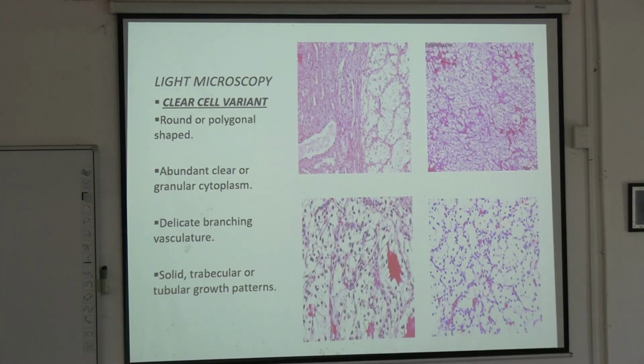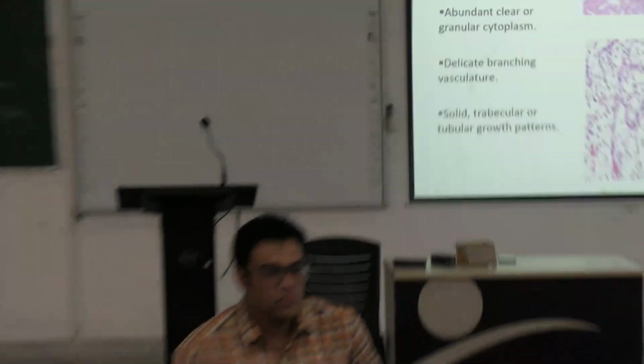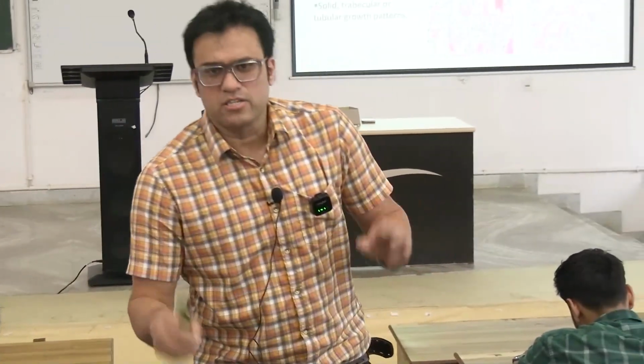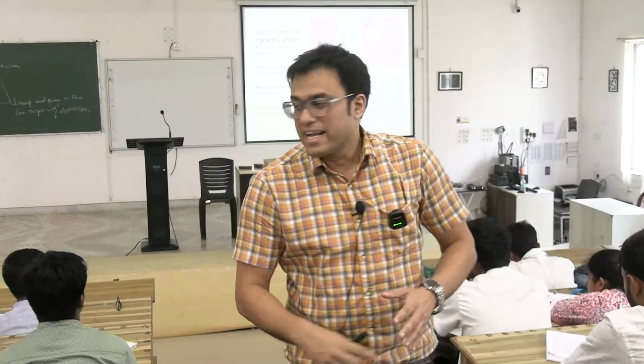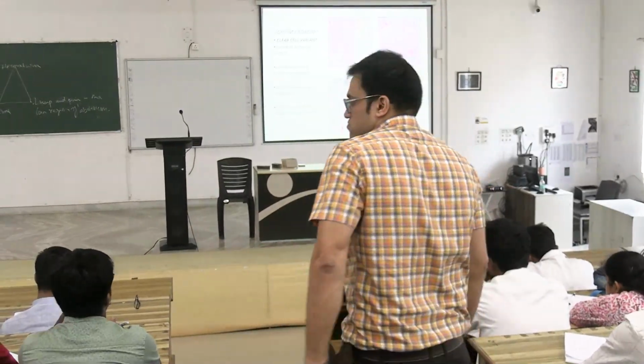Because the fat gets washed away during paraffin embedding. When we are making histopathological sections, the fat gets washed away, and that is the reason why you get abundant clear or sometimes granular cytoplasm. So round or polygonal shape with abundant clear or granular cytoplasm.